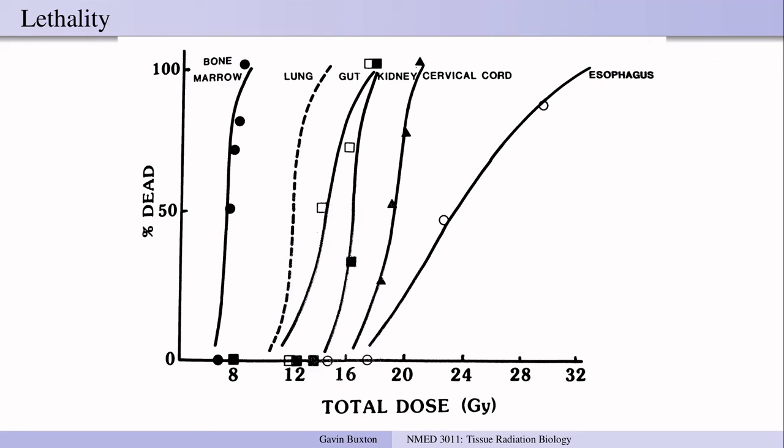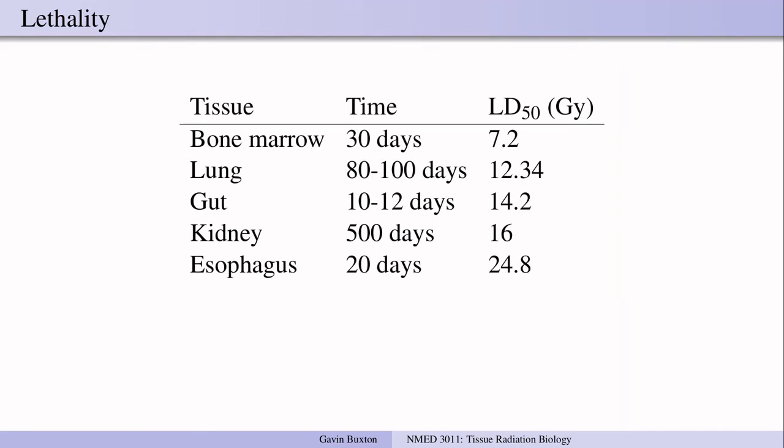Okay, and so some tissue and parts of the body are going to have more sensitivity to radiation than others. What's not shown on this curve, though, is the time it takes for the animals to die after being irradiated.